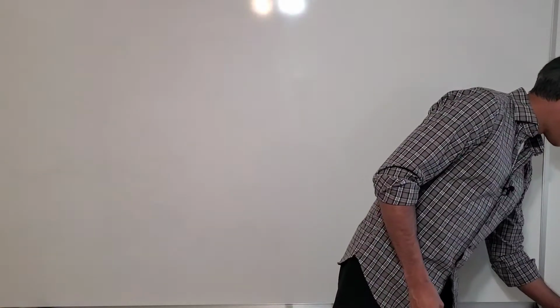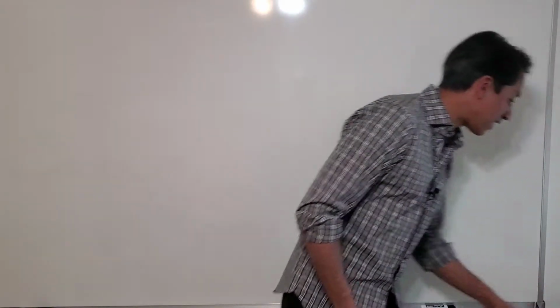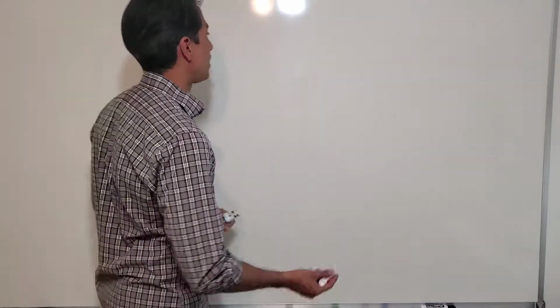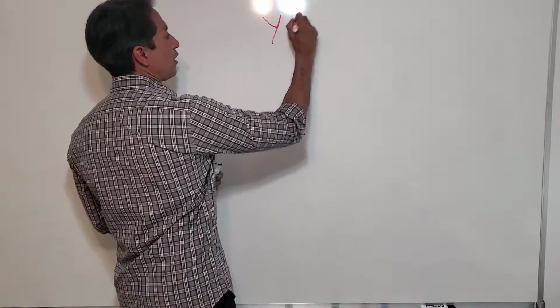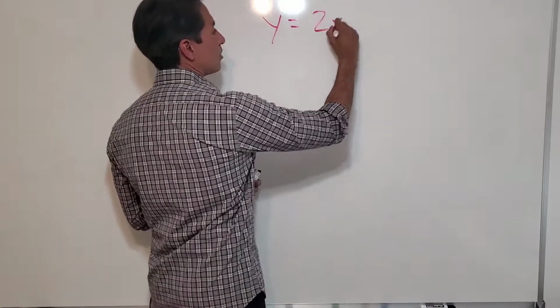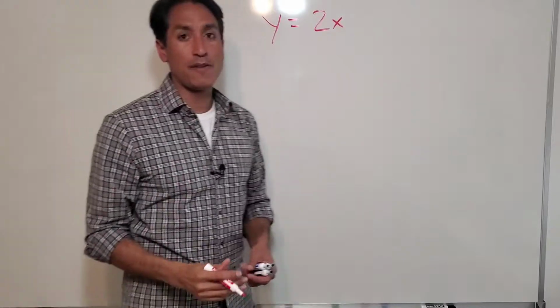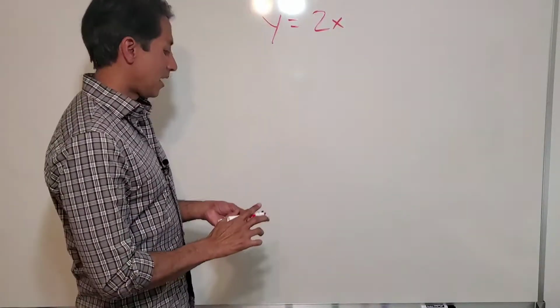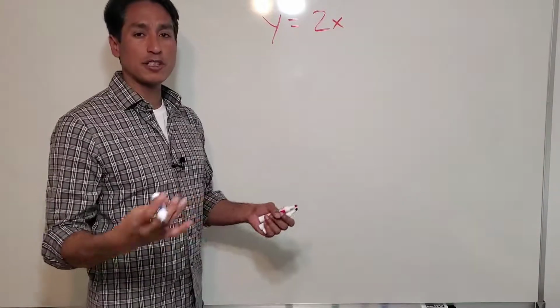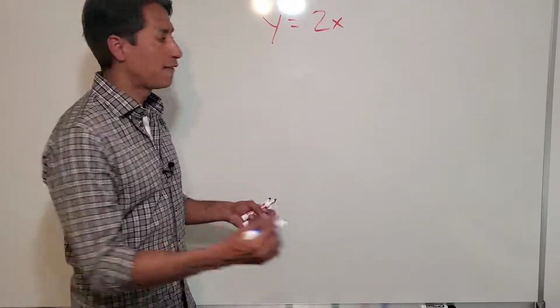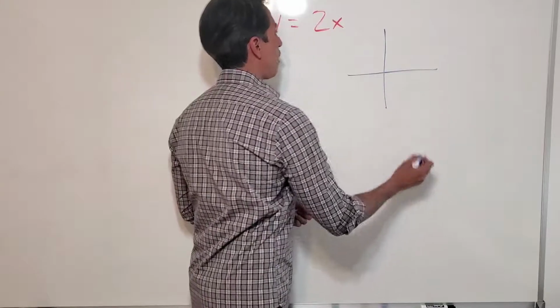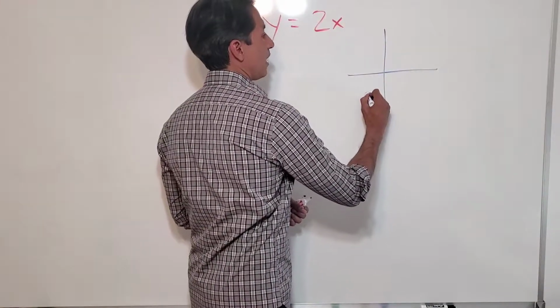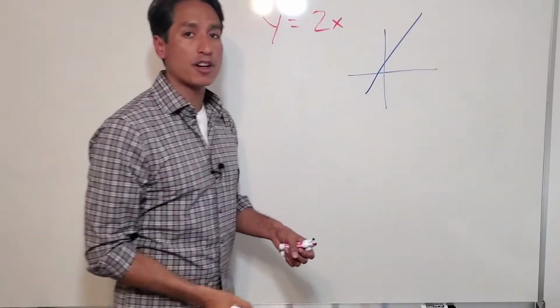Let's see here. Representing linear functions. Find 4 solutions to the given equation. Okay, so let's say we have the equation y equals 2x. And you're asked to give 4 solutions to the equation. If you're asked to give solutions to the equation, what they're looking for is for you to figure out, well, where does this guy show up on a graph?